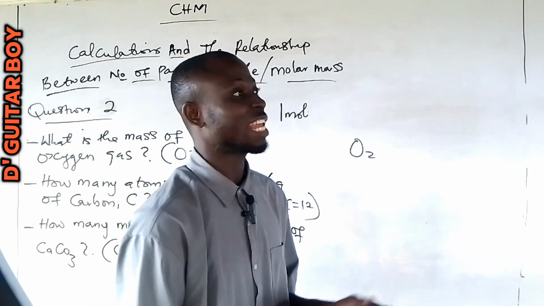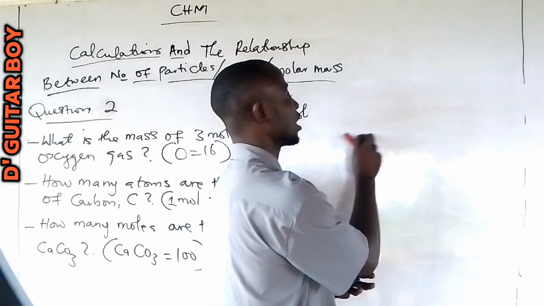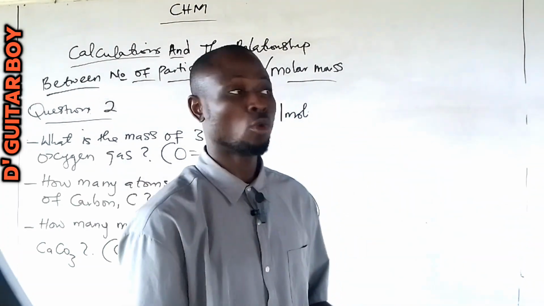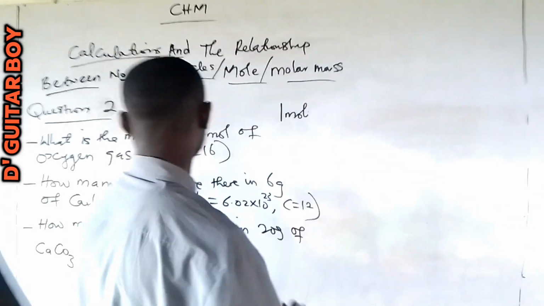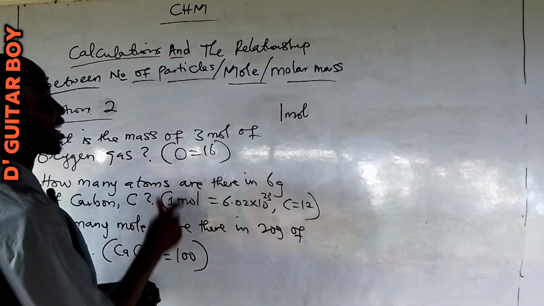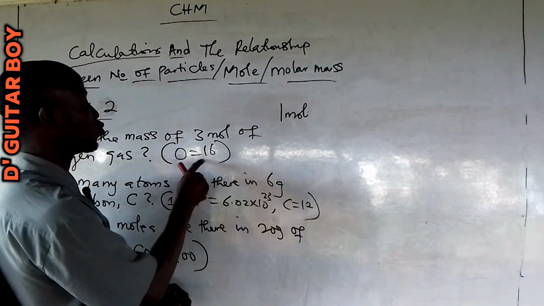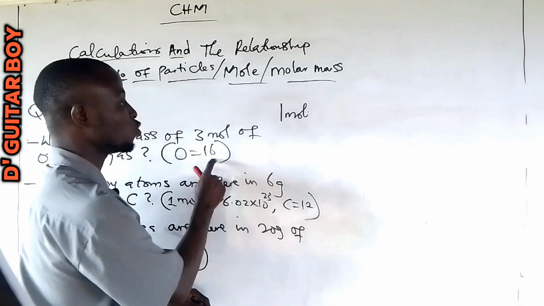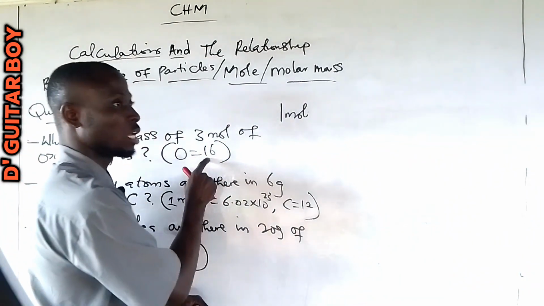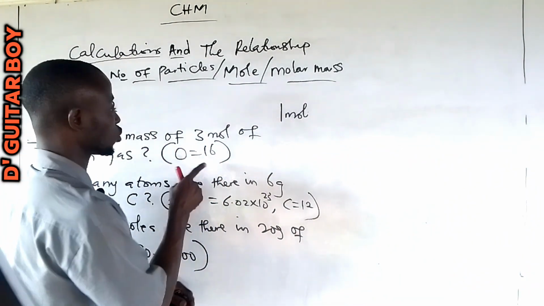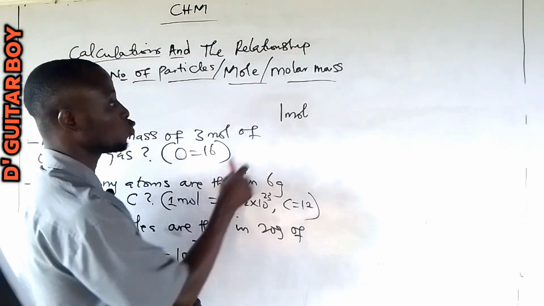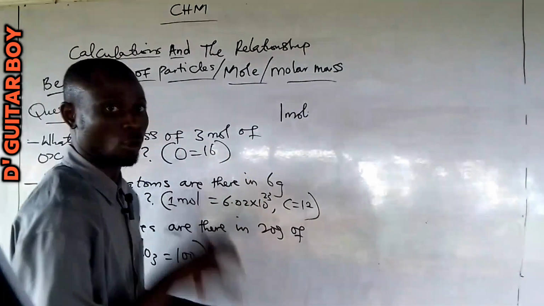But oxygen, nitrogen, and some other gases exist in their molecular form in free state. Many of us will want to use this value, but no, this value is not correct, because this is the mass of an atom of oxygen. So you must multiply it by 2 for it to fit into this calculation.